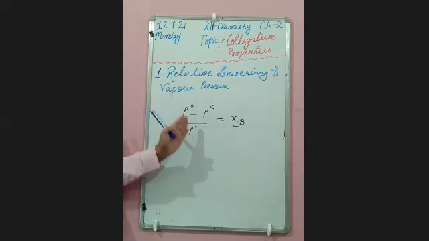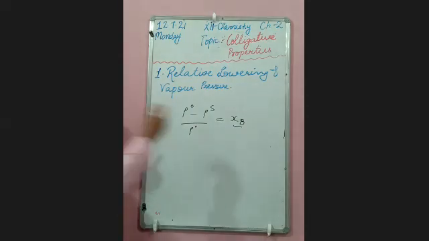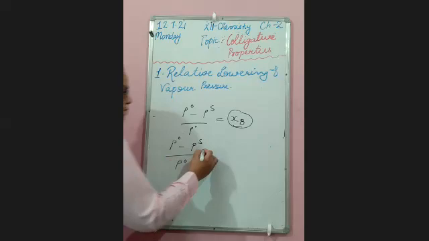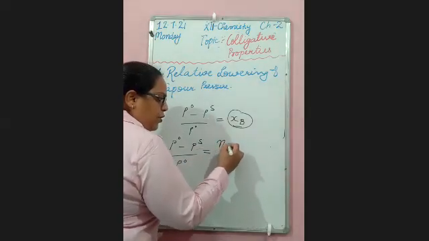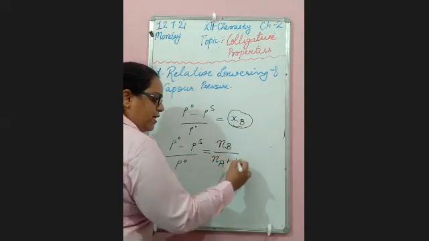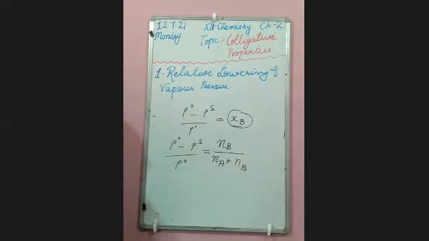How can you say that it is a colligative property? Because what is this? This is the mole fraction of solute. It can be written as the number of moles of solute over the total number of all the components present in a solution. Generally in this chapter up to 12th level, we are taking into consideration the binary solution, which is made up of only 2 components.